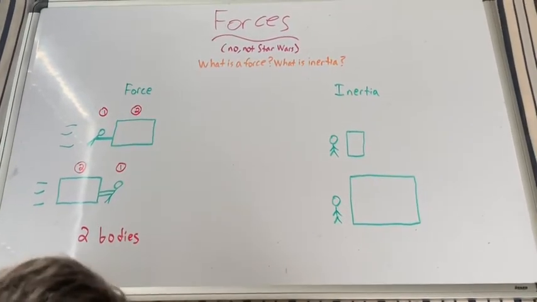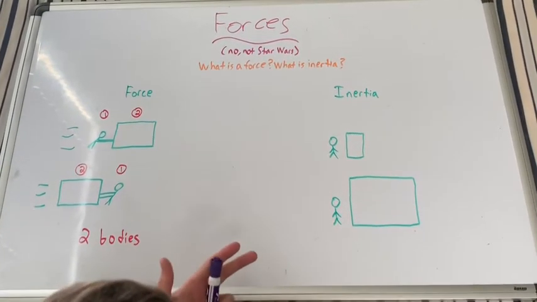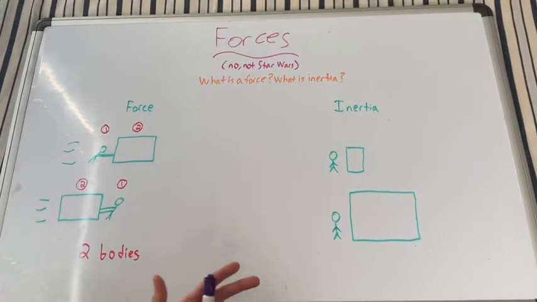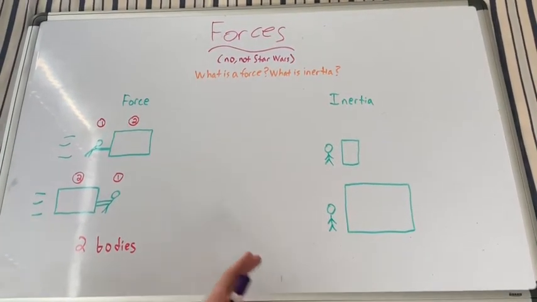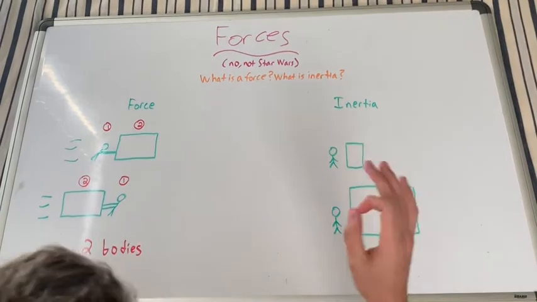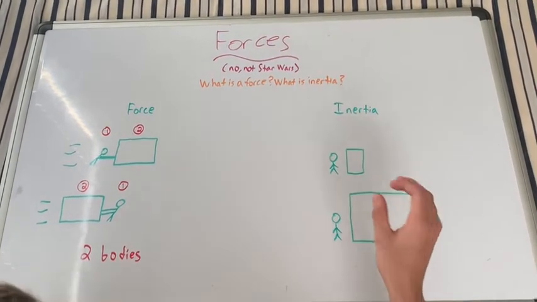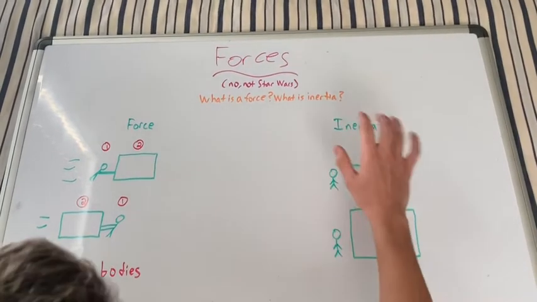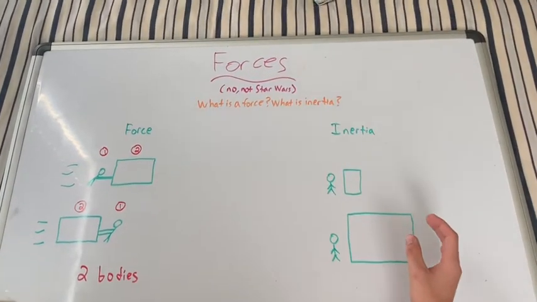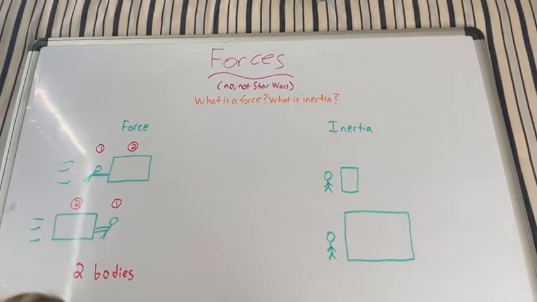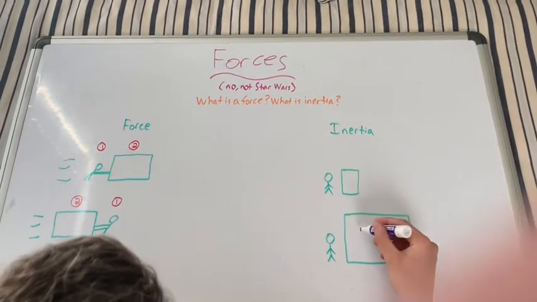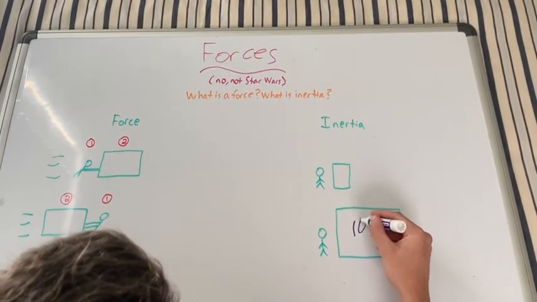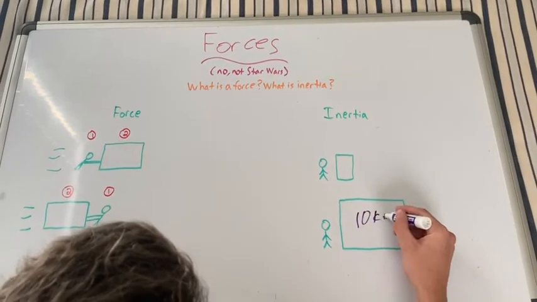Inertia is an object's resistance to a change in motion. It's not an object's resistance to motion, but resistance to a change in motion. It's important that you remember that distinction. So we have two examples once again, and this just demonstrates how inertia is related to the mass of an object. So this, we can say, is 10 kilograms, and this is 1 kilogram.